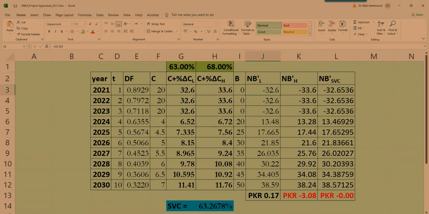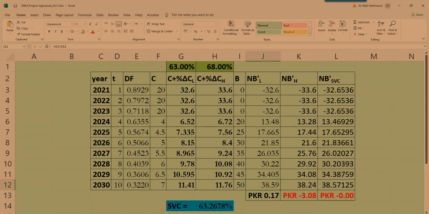In this case we will use the original benefits and the lower increase cost column. Here you can see this is the original benefit column, and this is the lower increase cost column, and in the third cell the values are based on this column and that column. So here it is 50 minus 11.41.